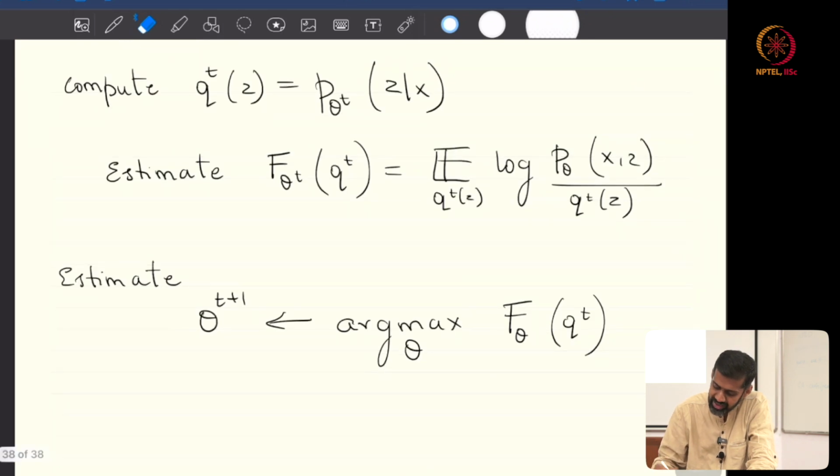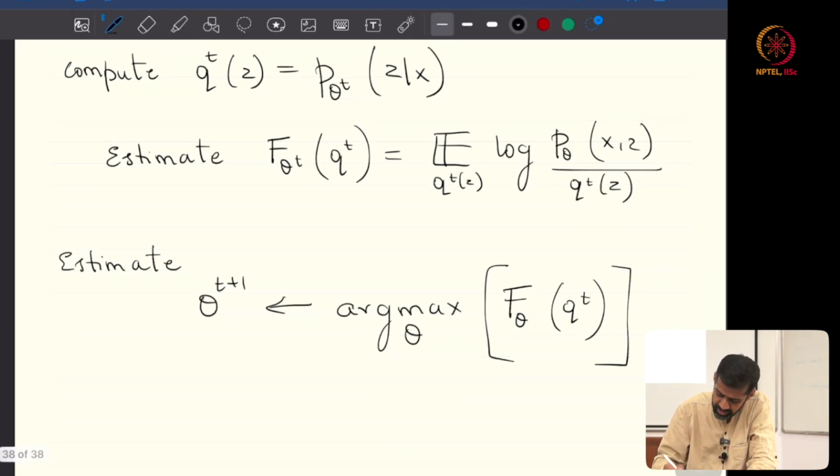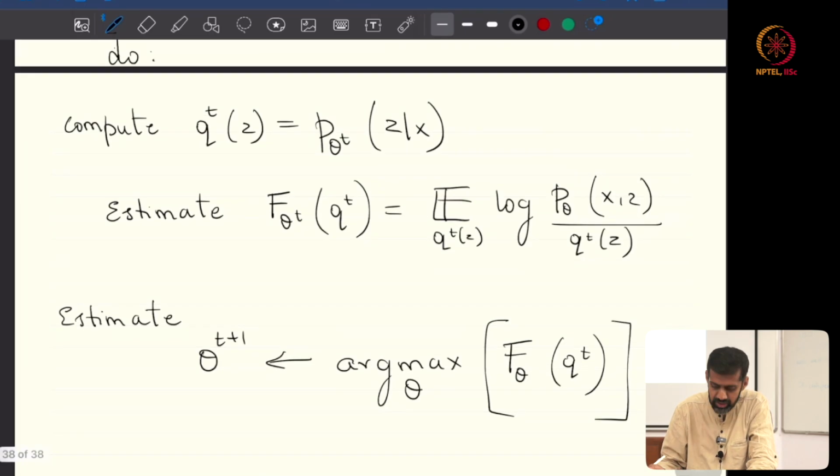So now find theta t plus 1 as the one that maximizes this ELBO computed at that q t, and then replace. That's it.